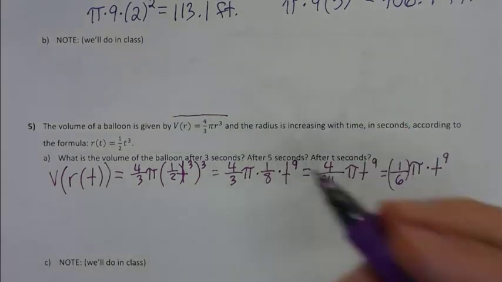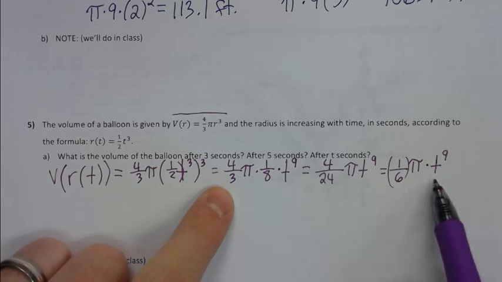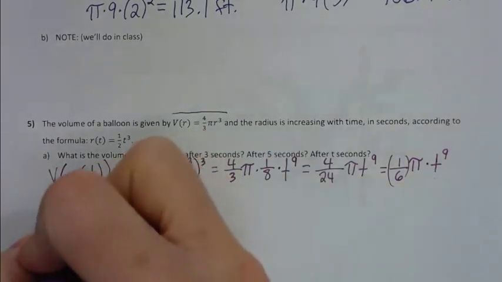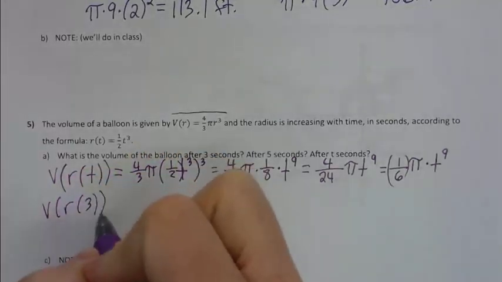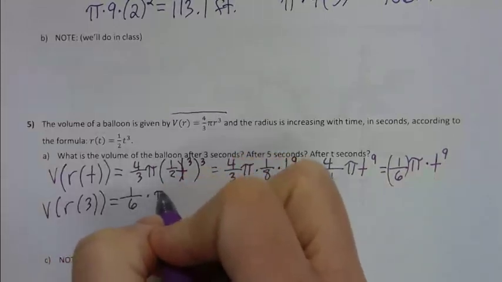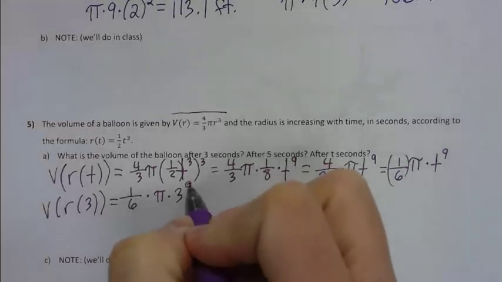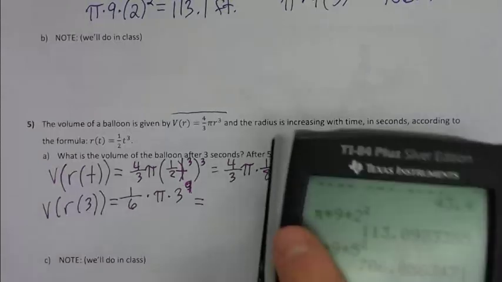Hopefully you follow that. So now we're just going to put 3 seconds and 5 seconds into t for seconds up here. So if we are doing v of r of 3 seconds, it would be 1/6 times pi times 3 to the ninth. And so we can grab our calculator.